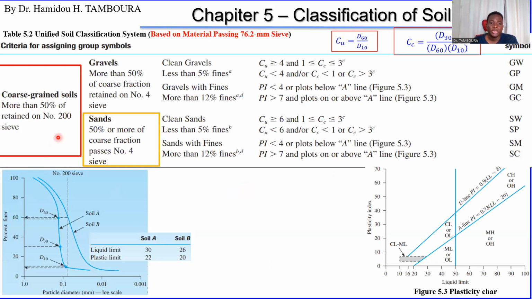Okay, so when we check this soil, the sieve number 200, which has an opening of 0.075, is telling us the percentage of soil passing.